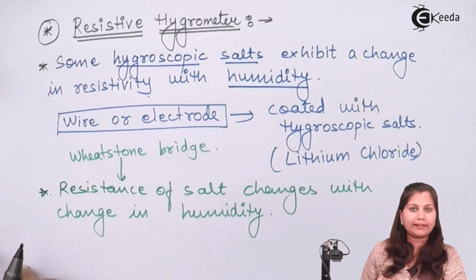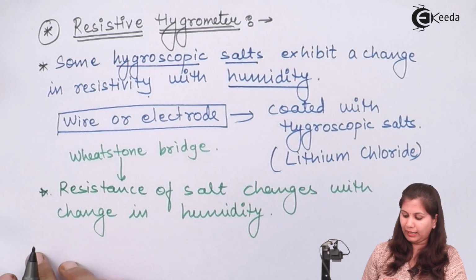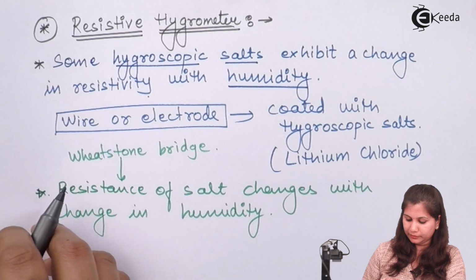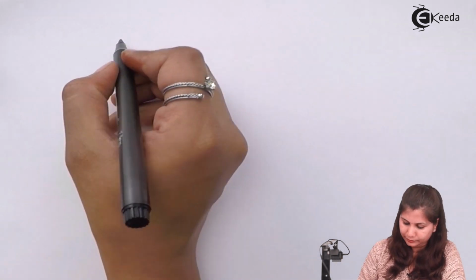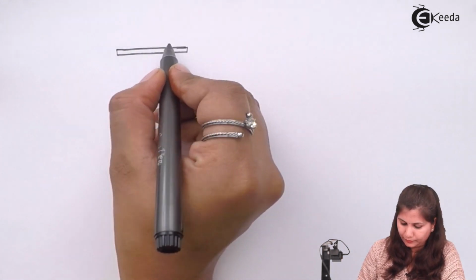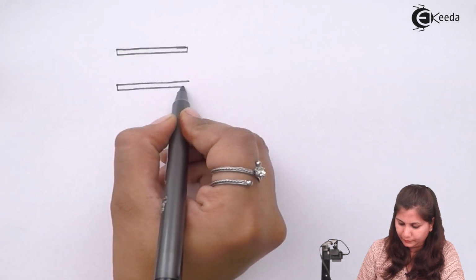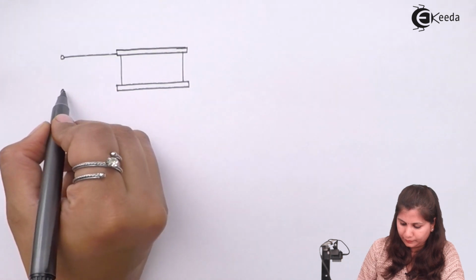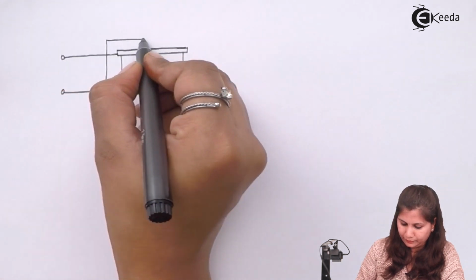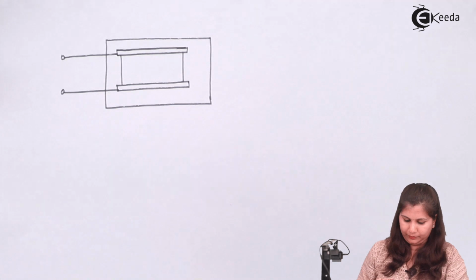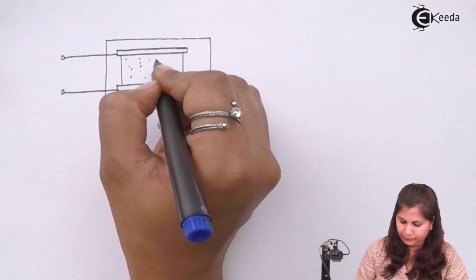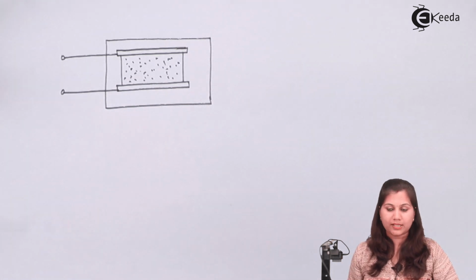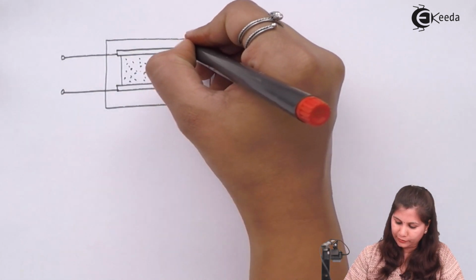So if we see the diagram for the resistive hygrometer having the lithium chloride as a conducting film, these are the electrodes.